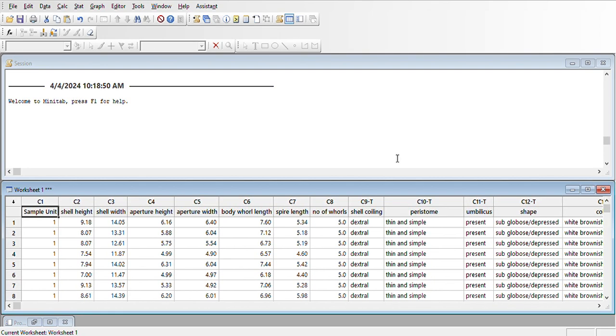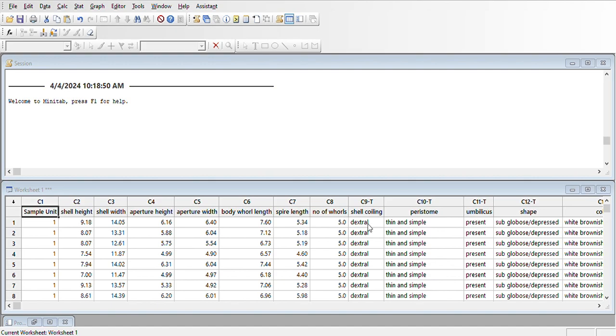For this sake, we will be going to the tab Stat, and then Multivariate, and then discriminant analysis. What are the groups? We have species, which will be considered as groups. And what are the predictors? The predictors are generally all those which have a quantitative number.